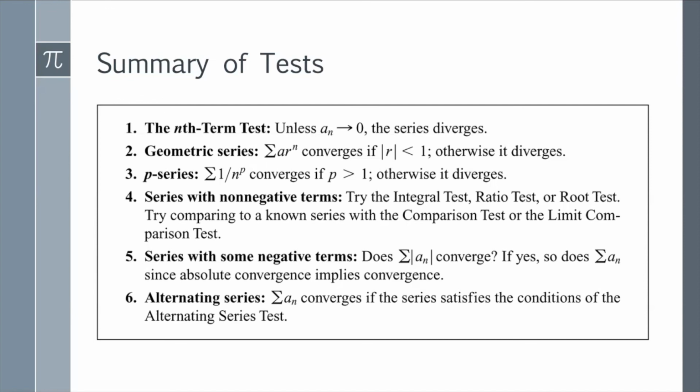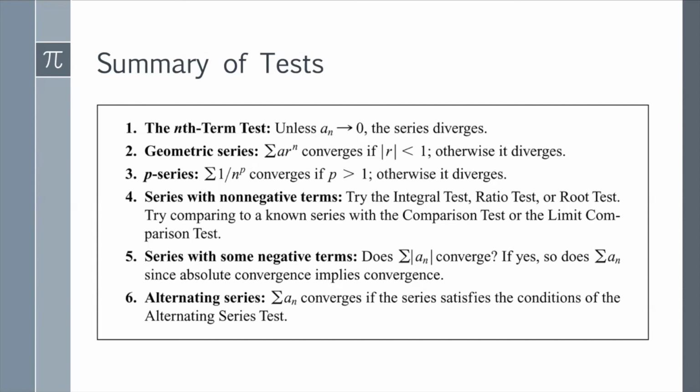So unfortunately, this test doesn't work very often because most of your series a sub n will approach 0. But if you happen to look at the series and you think that that limit might be something else, you should try the nth term test first. Remember, if it turns out that that limit is 0, then that test does not work. All right, you have to try something else.